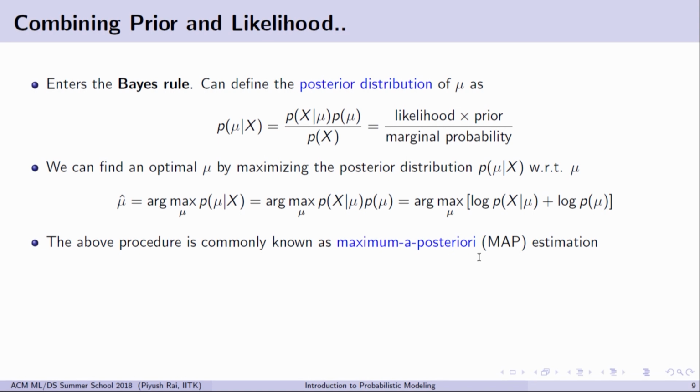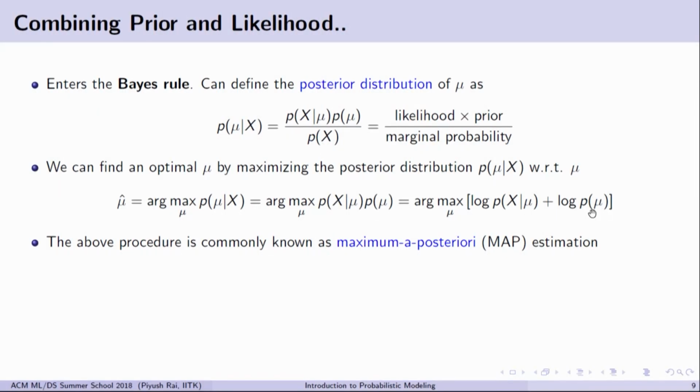The previous approach was called maximum likelihood estimation, because we only maximized the likelihood, but now we are maximizing the posterior distribution of the parameter. The basic difference between maximum likelihood estimation and maximum a posteriori, or MAP, estimation is that in MAP estimation we have this additional term log of P of mu. Other than that, it's pretty much the same.